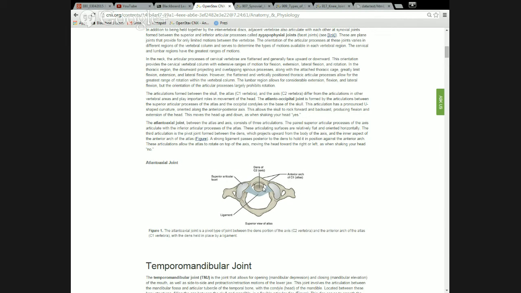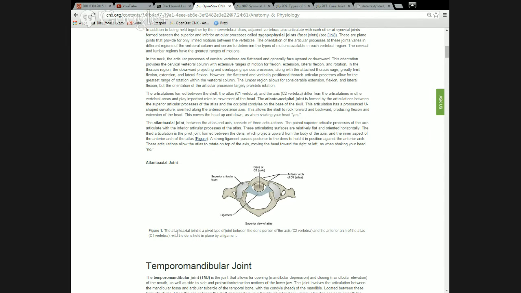And in this picture, we're looking from a superior view down onto that. So this little piece right here is part of C2, the bone C2, which the bone C1 rotates around. And there's a little fibrous ligament there, which allows for that movement zone.